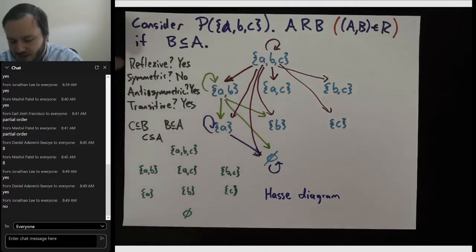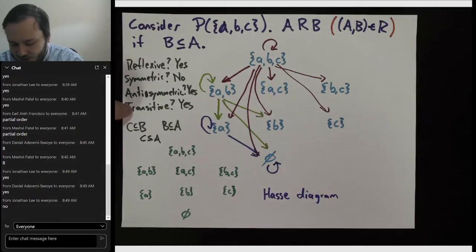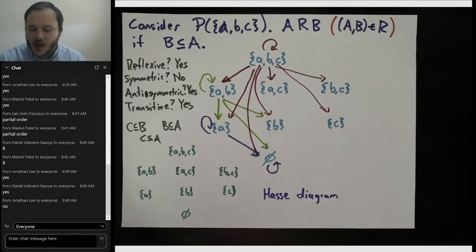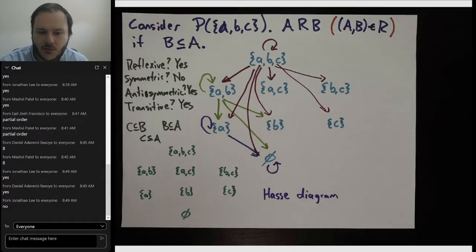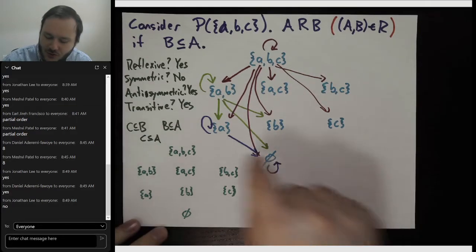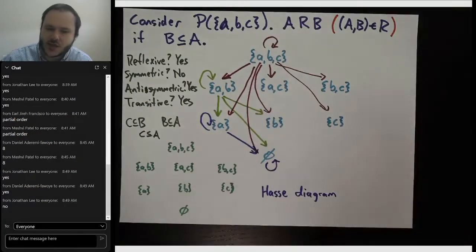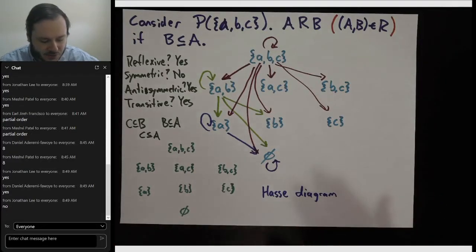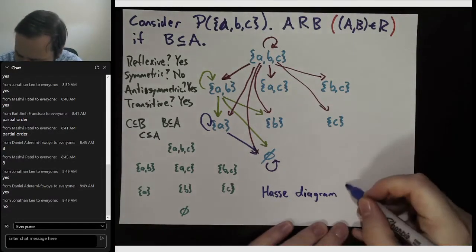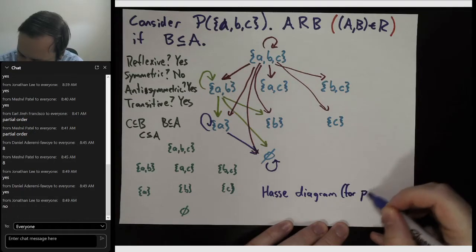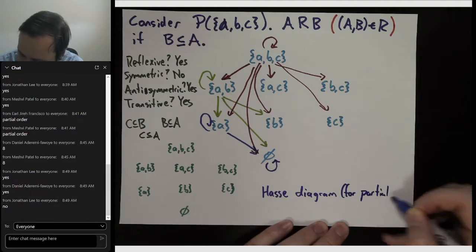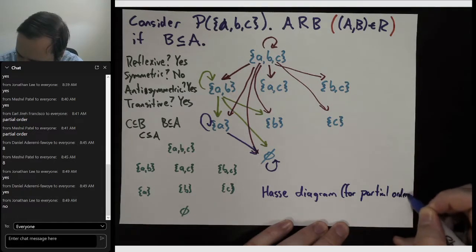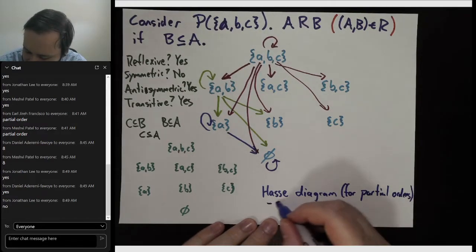You have to be reflexive, anti-symmetric, and transitive. I already know that every element's related to itself. So I don't have to draw these loops. That's just wasted space. I'm going to skip the loops for partial orders. Skip the loops.